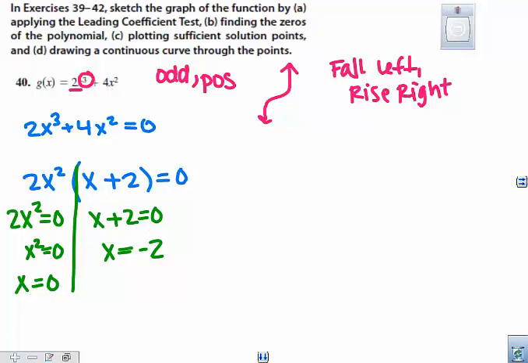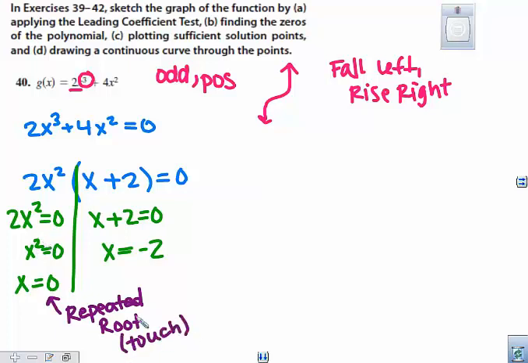Okay, so when you have a repeating root, just remember that that tells us if it's going to cross the x-axis or just touch it at that value. So here our n was an even number, so that means it's going to just touch at 0.